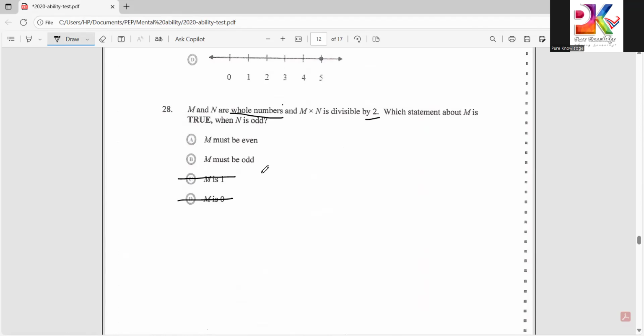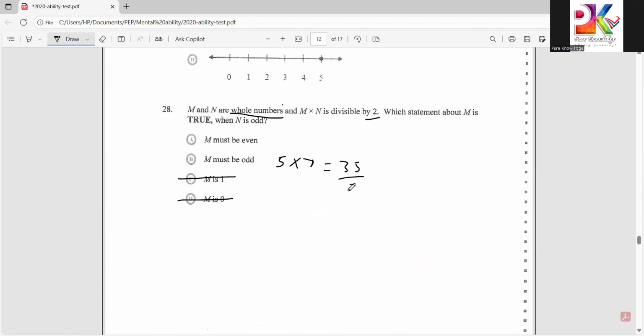So let's check it. They are both whole numbers. Let's check if M is odd. Let's pick 5 and 7, because 5 is an odd number. Both of these are whole numbers, but M must be odd. So 5 times 7 will give you 35.